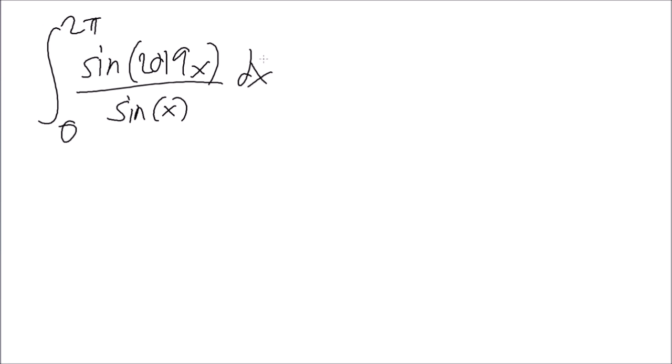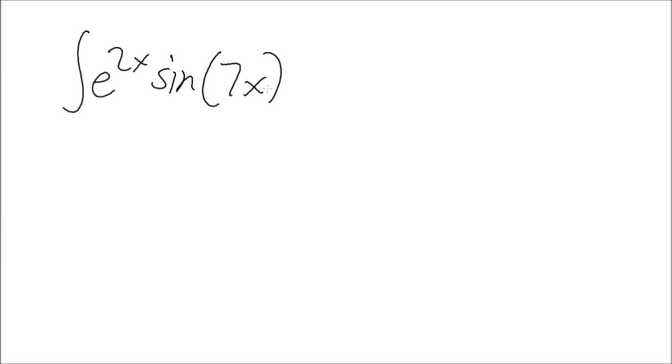types of integrals. Okay, but I've seen others where, let's go ahead and do e to the x sine of, let's say, 7x, or make this a 4x, right? Okay, this is ugly, right?